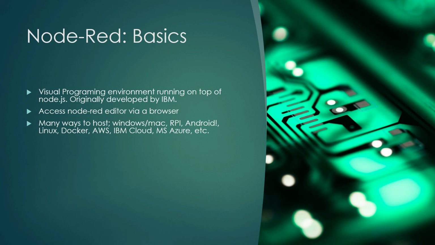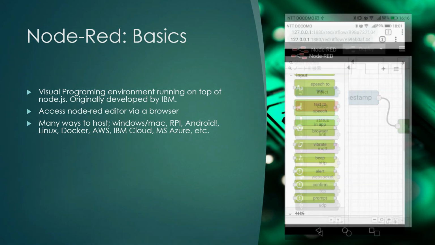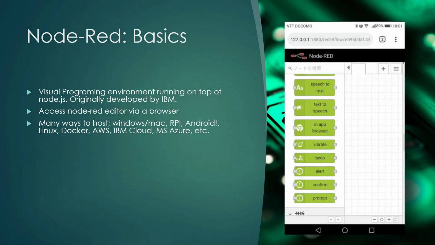Surprising one for me was it also runs on Android, so you can install Node-RED on Android, get access to many of the Android functions like the compass and the microphone, most of the things that are on a typical Android phone. Use the Android phone as a sensor source and then have Node-RED process them.